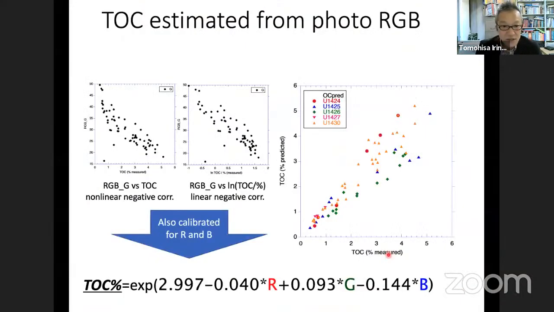So TOC was estimated from the photo RGB, and simply speaking, the darker the sediment, the higher the TOC concentration. It is not linear, so the reviewer Jusan gave me the most appropriate calculation equation like this, and I calculated the TOC using the RGB data, which was taken every 5 millimeters throughout the sediment column.